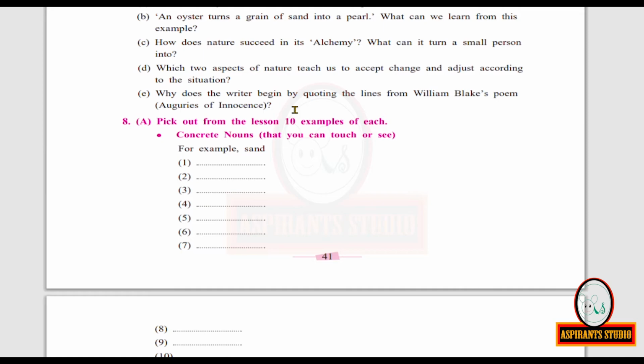These lines show that there is much beauty in nature and that we can learn much from it.